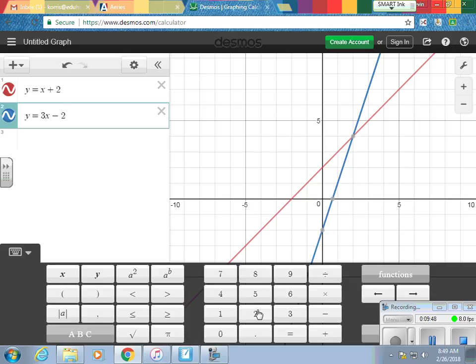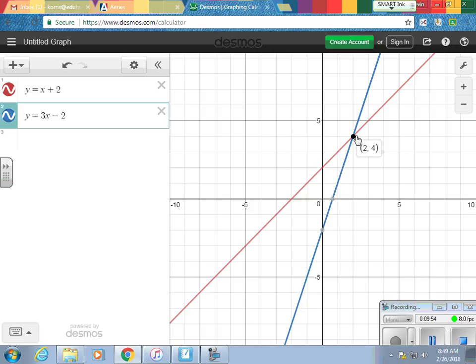Here's one of the nice things about Desmos: it's really easy to tell where they cross. They cross right here. You click on it, it makes a little gray dot. You tap on that gray dot, and it tells you the solution: 2, 4. They cross at the point 2, 4. So write down here your solution, 2, 4.